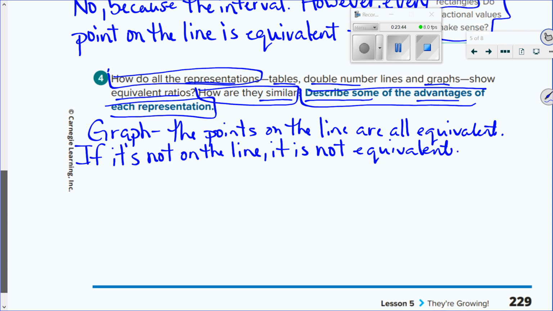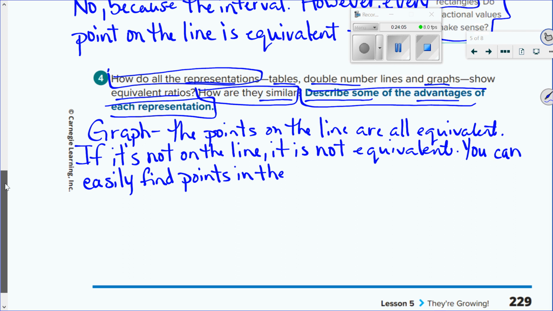Okay. Now, here is the key advantage to me of the graph, guys. You can easily find points in the intervals, like we did the 3, 7.5, and make predictions.